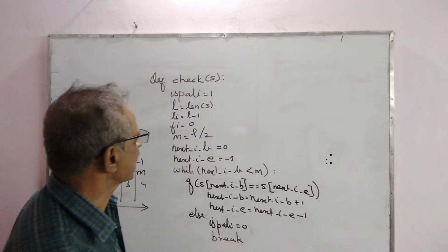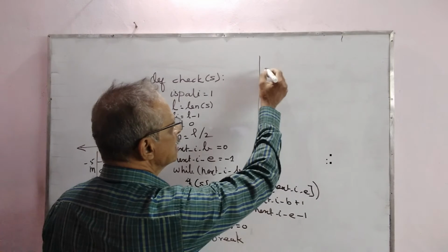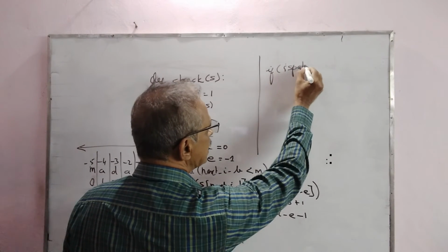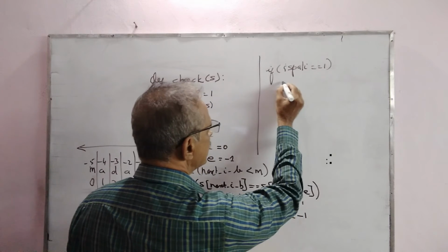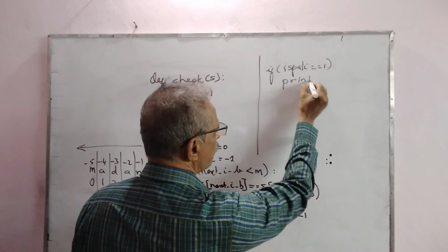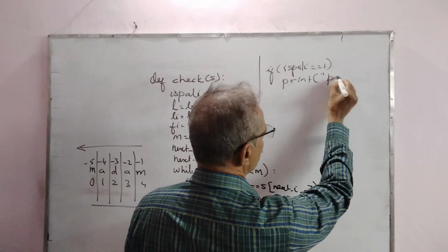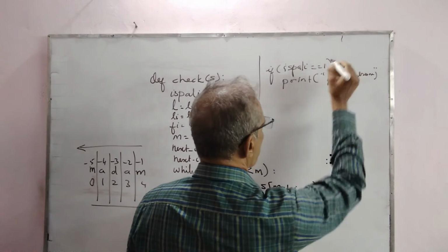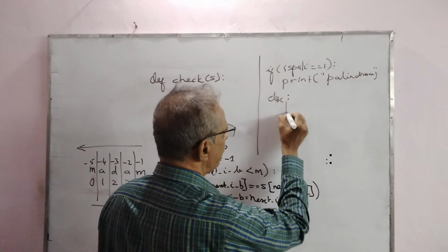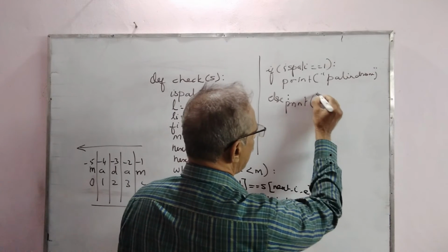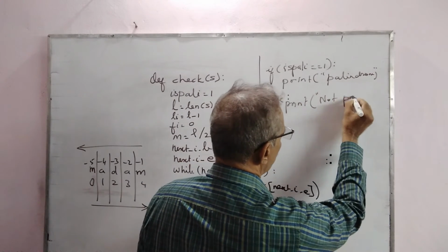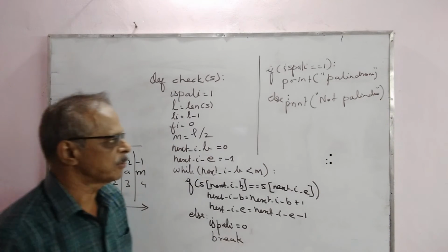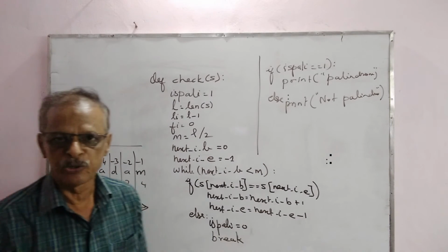Here we are going to check the is pally value. If is pally equals 1, then print palindrome. Else print not palindrome. This is the program to check whether a given string is a palindrome or not.